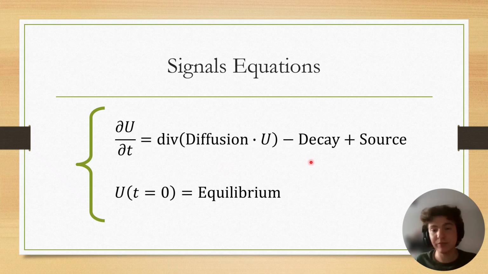We have decay, to customize the growth of the signals and to prevent them from blowing up. And we have a source, which is the amount of signals generated by each cell. And this whole equation models the behavior of each signal. And we are also going to impose this initial condition. We are going to assume that signals are in an equilibrium and steady state at the start of the remodeling.